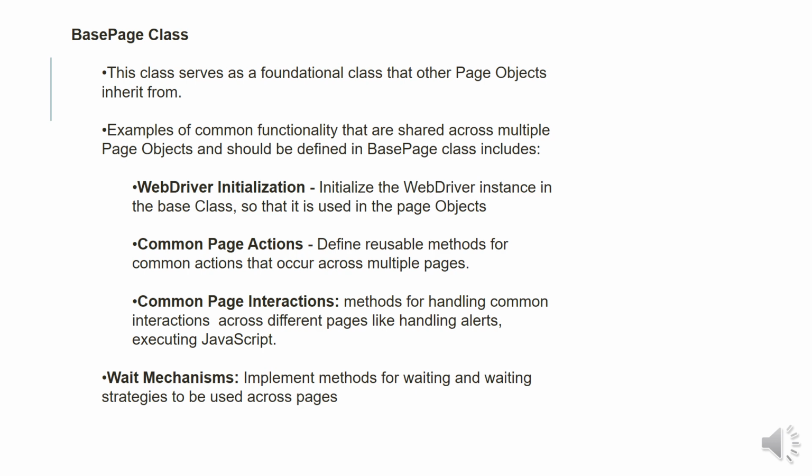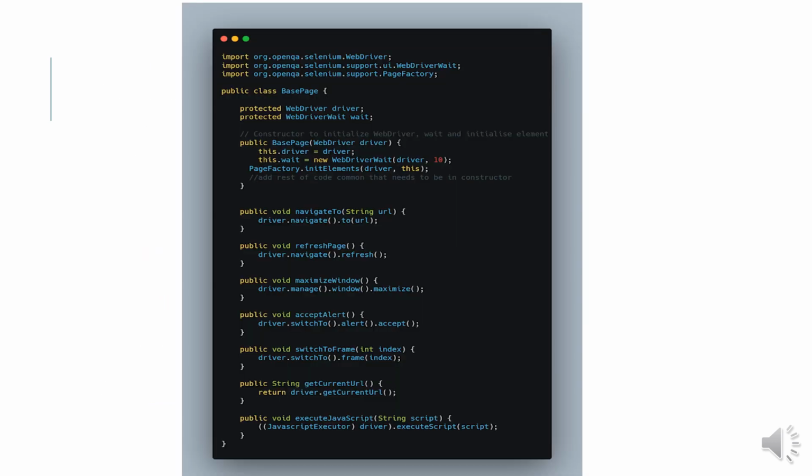We can define it in common page actions and then common page interactions like handling of alerts, executing JavaScript, that can be done in the base page class itself. And also we can implement common waiting mechanisms that have to be applied across different pages in the base page class.